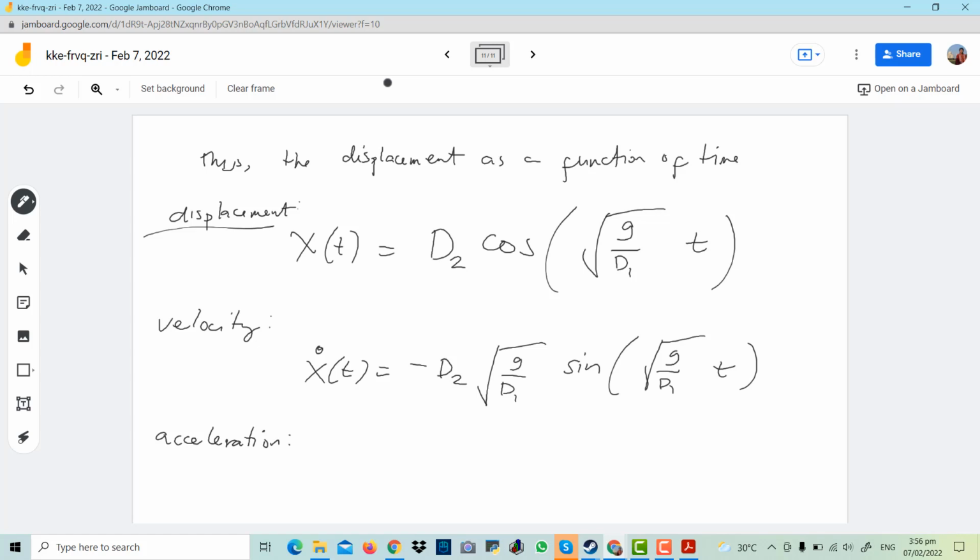You just have to take the double derivative of x as a function of time. So you have minus d2 times the square root of g over d1, squared, that will be equal to g over d1, because the square root is removed. Omega squared is just g over d1, times cosine of the square root of g over d1 times t.